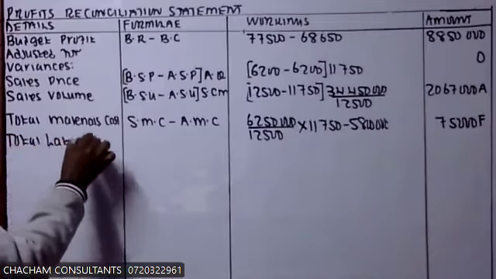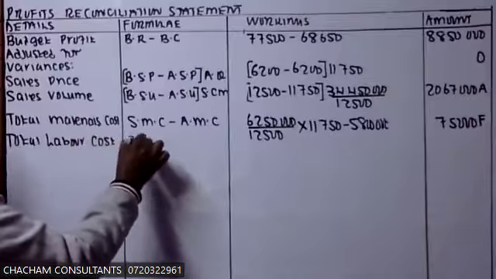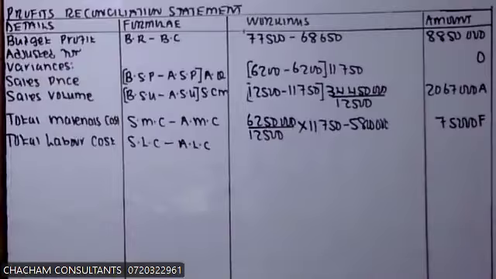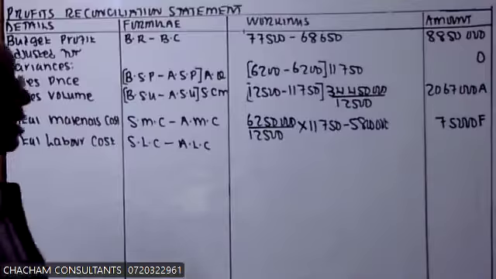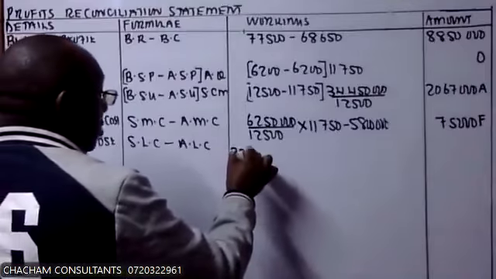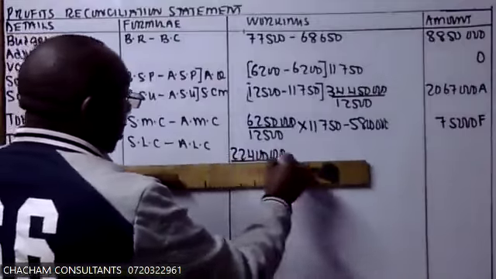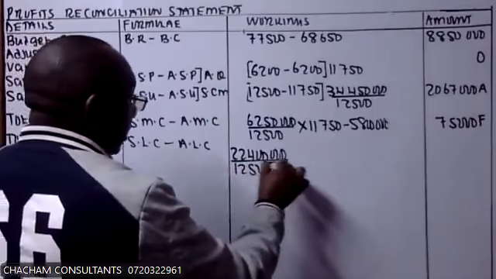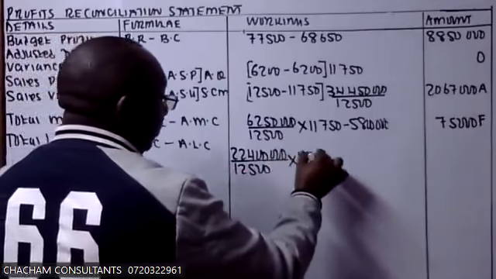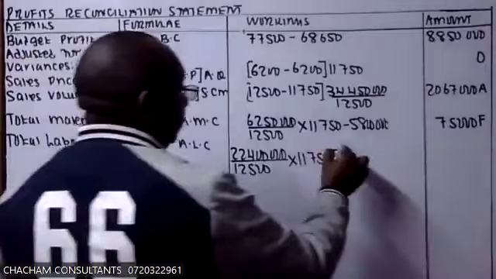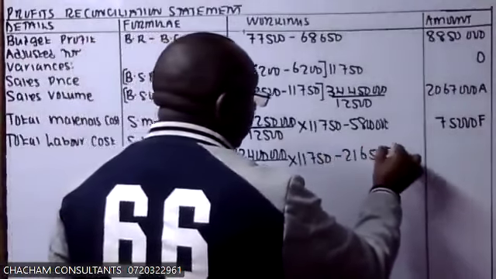labor cost. It is the standard labor cost minus actual labor cost. And we do the same. Labor, you see up there it is 22,400,000. You divide this by 12,500 times 11,750 minus the actual labor, which was 21,655,000.